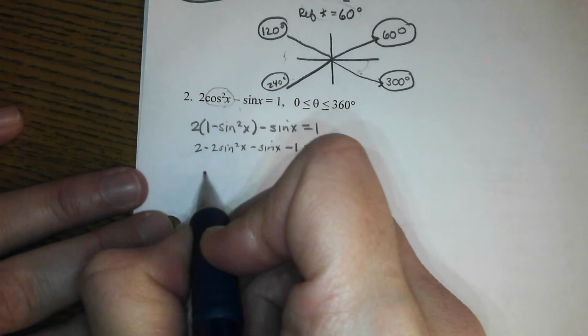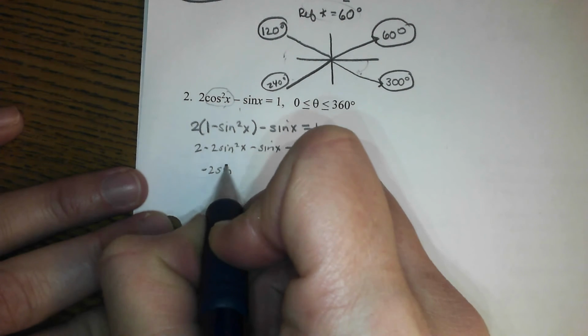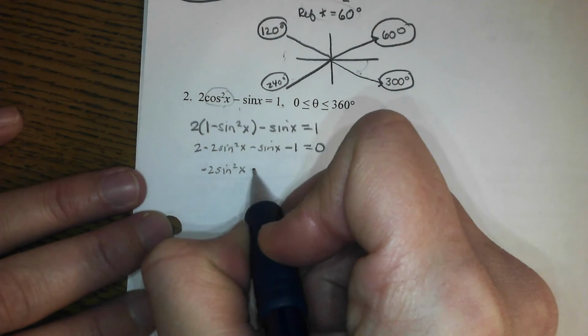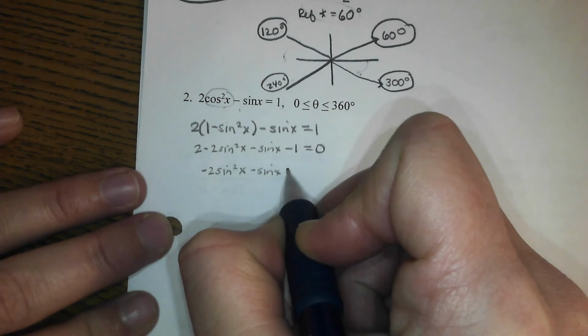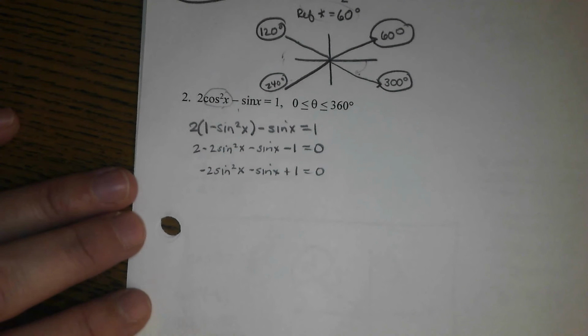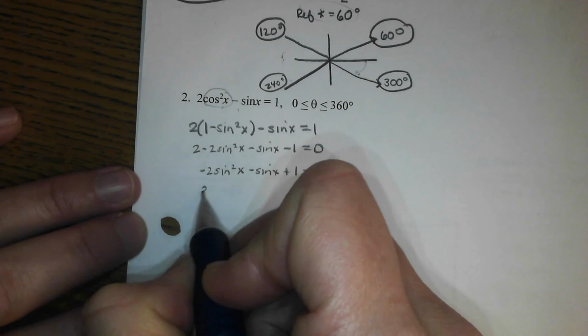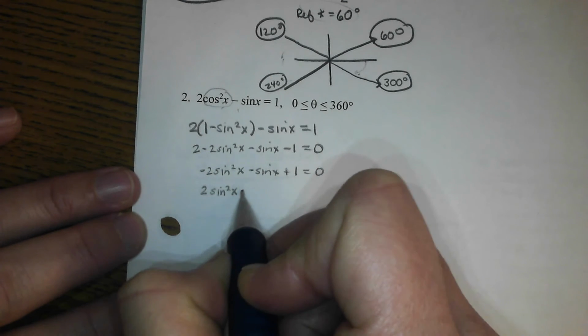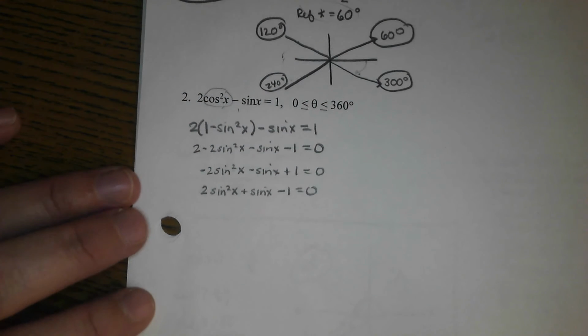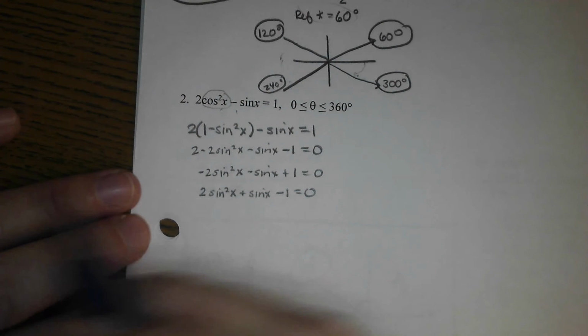And when I combine like terms and put this in the proper order, the negative 2 sine squared x comes first, minus sine x plus 1. I really don't like my leading term to be negative, so I'm just going to switch the signs on everything. Technically, I'm dividing both sides by negative 1. And then I'm going to factor.